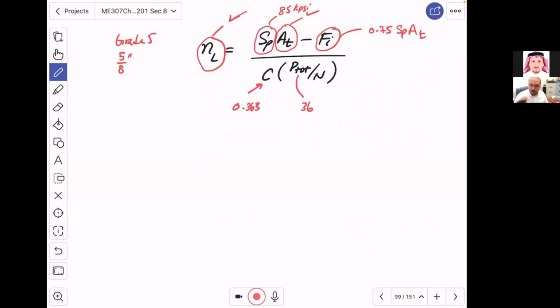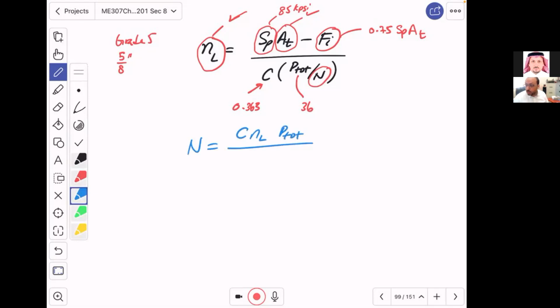So the only unknown is N. Now, if you calculate N, you will find it to be how much? It is going to be C nL P total divided by (Sp At minus Fi). And if you substitute the values, you will get this as 5.52.